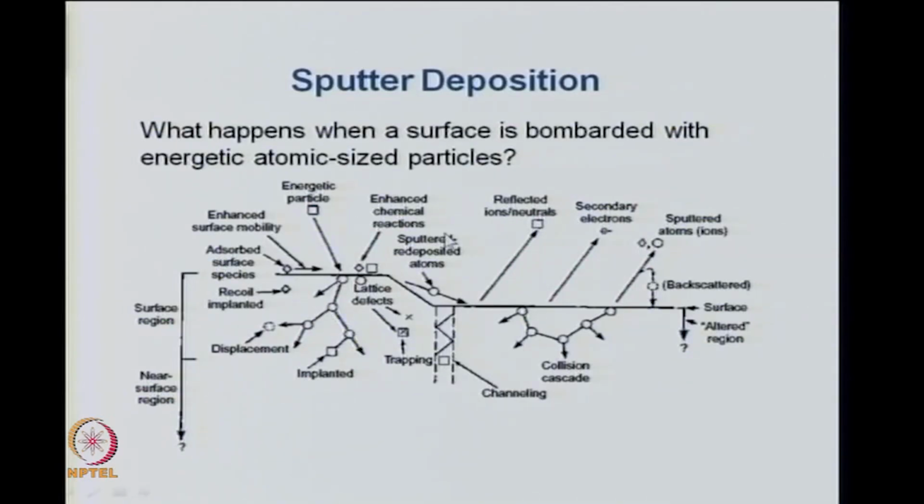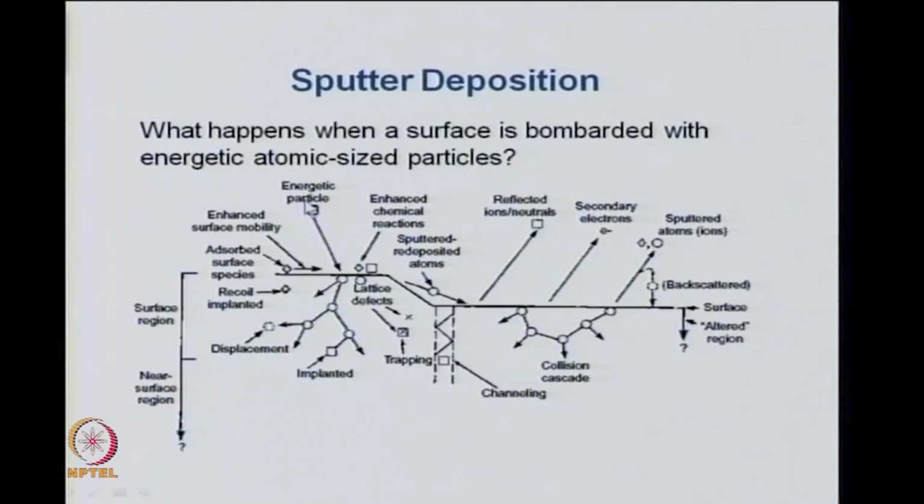Depending on what you are looking at, you can study some of these events which are taking place at the same time in certain cases, but all the events need not take place at the same time. There may be 1, 2, 3 events taking place, but it is not necessary that all the events listed here are taking place in every sputter deposition. That would depend on different parameters of the sputter deposition process.